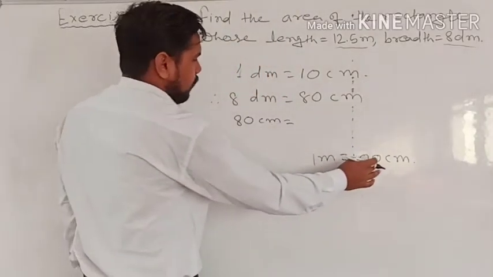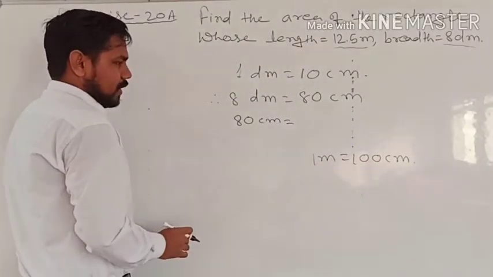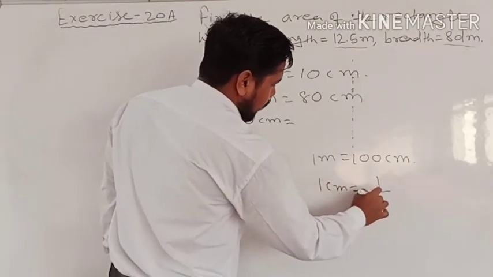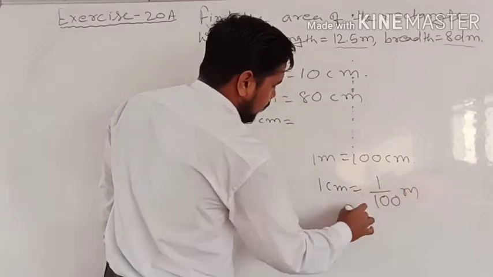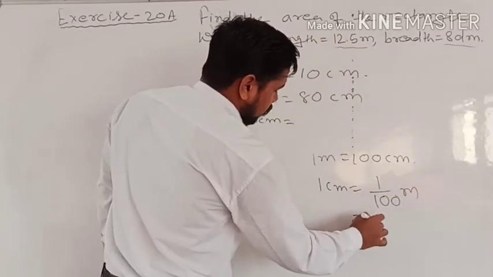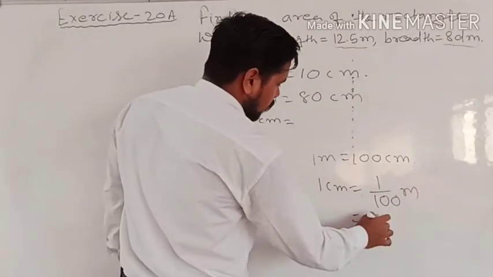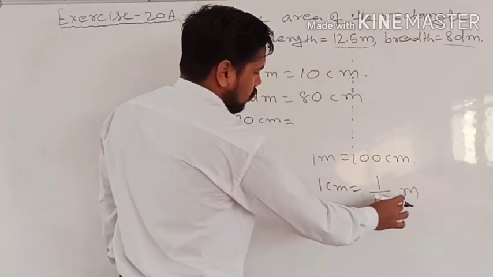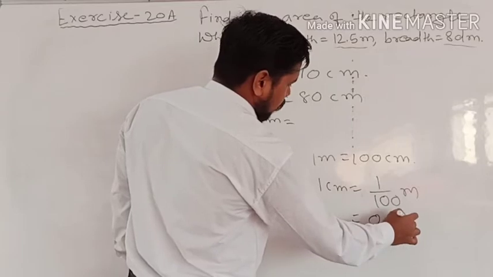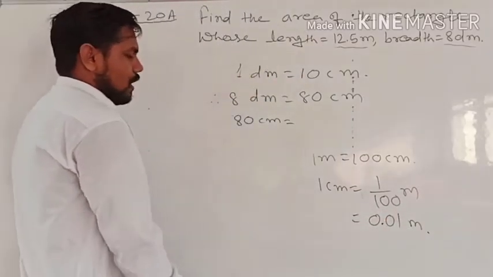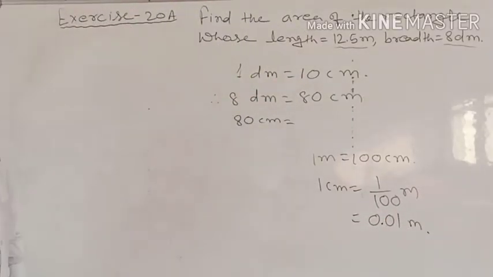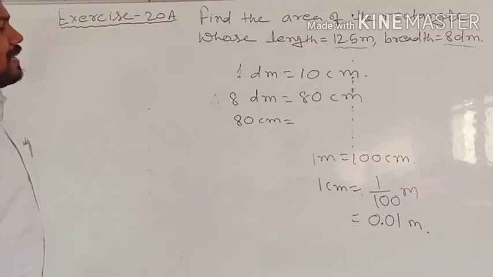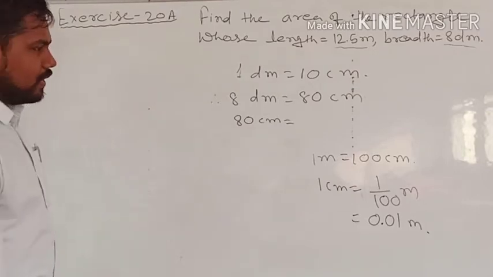So if 1 meter is equal to 100 centimeter, then 1 centimeter is equal to 1 by 100 meter, that means 0.01 meter, 2 digits. So 80 centimeter will be 80 by 100 meter.